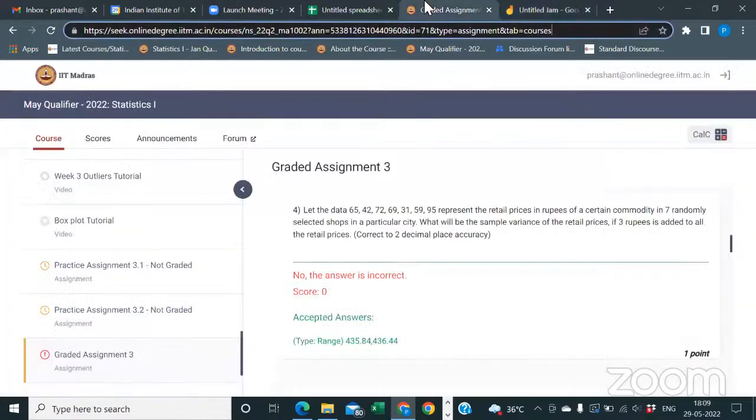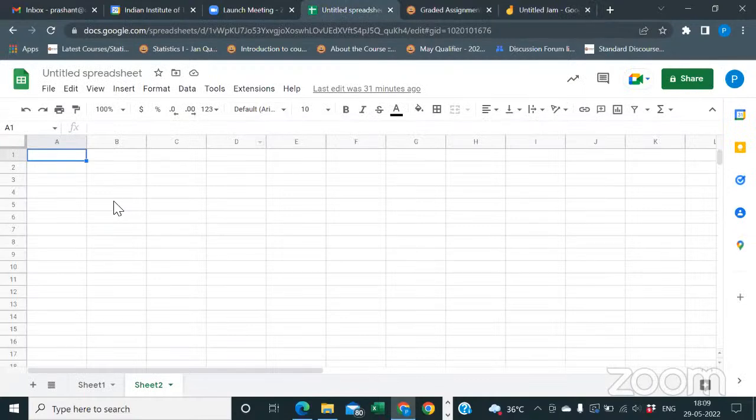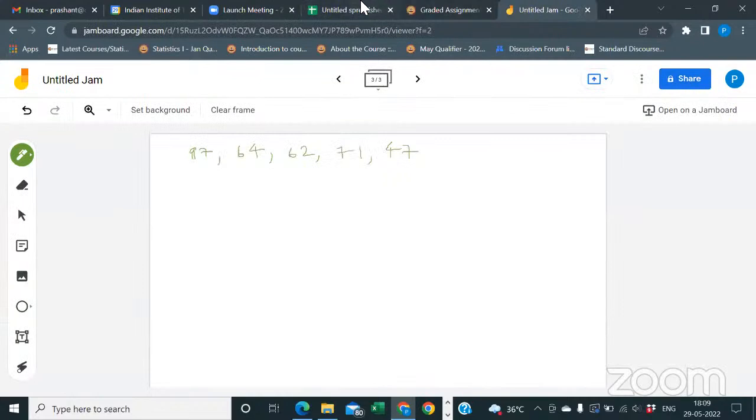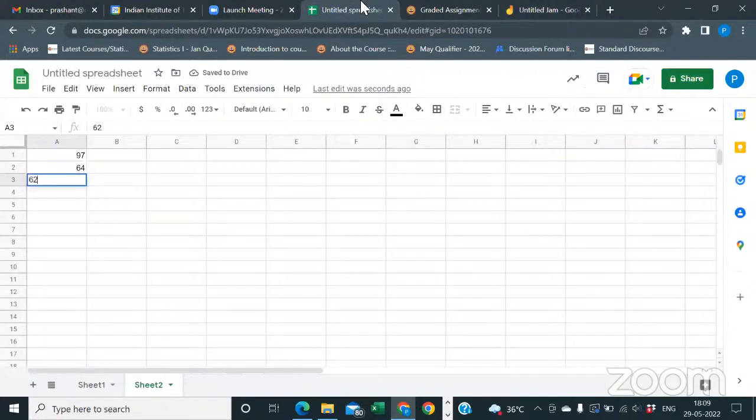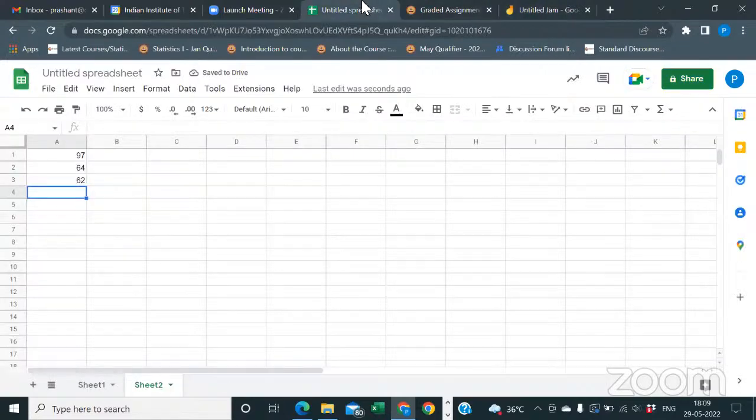Yes, this data, sir. What is your question? What will be the sample variance of retail prices if 3 rupees is added to all the retail prices? Okay. So just tell me this data: 97, 64, 62, 71, 47. I'm calculating on Excel, but you have to calculate manually.